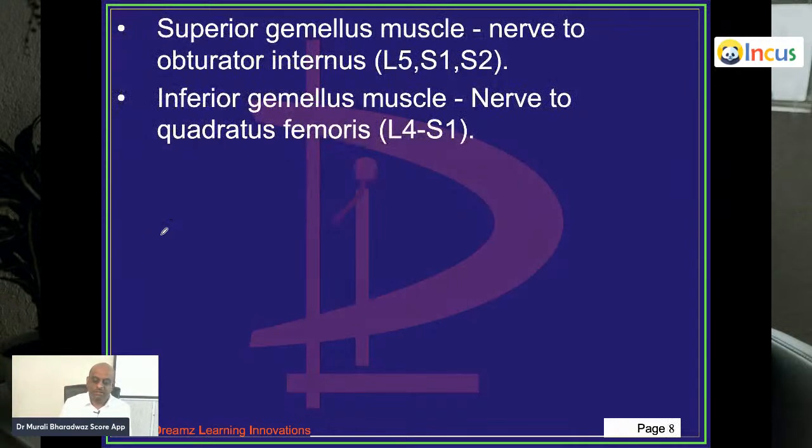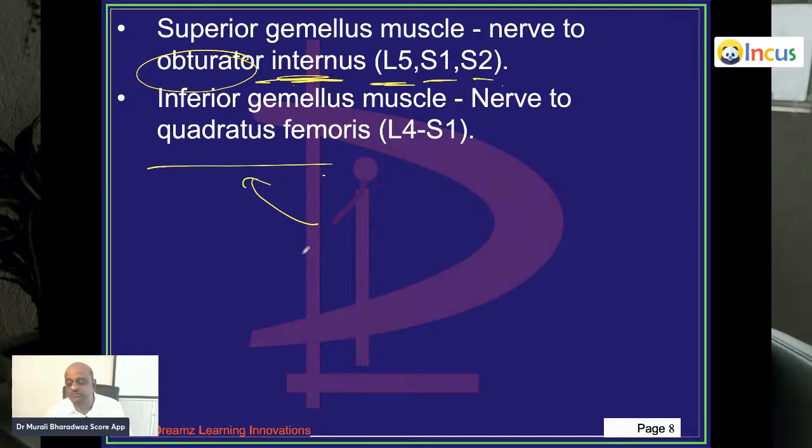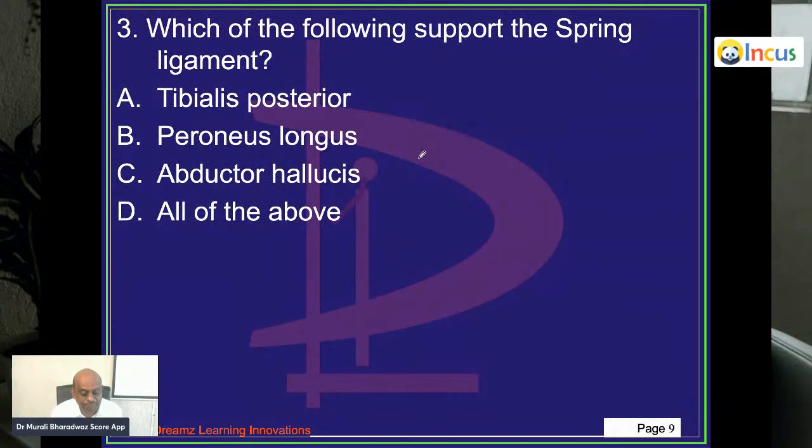So, doctor, superior gemellus is supplied by nerve to obturator internus, whose root value is L5, S1, S2. Inferior gemellus is supplied by nerve to quadratus femoris, which is supplied by L4, L5, S1. So the name says nerve to quadratus femoris. It not only supplies quadratus femoris, it also supplies inferior gemellus, is what you need to emphatically remember.